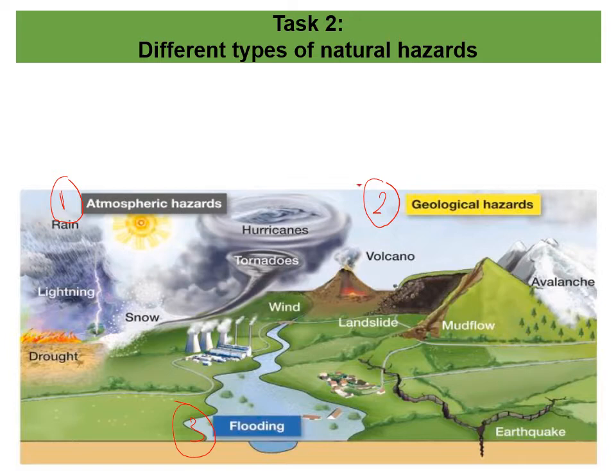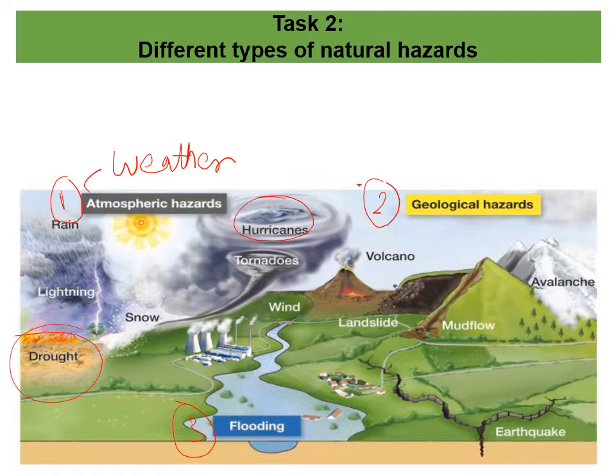So atmospheric hazards are created in the atmosphere by the weather. So they're all to do with the weather. And not every part of the world has atmospheric hazards or the same atmospheric hazards. So for example, things like hurricanes, they only happen near the equator and just north and south of the equator because the ocean temperatures need to be a certain temperature.